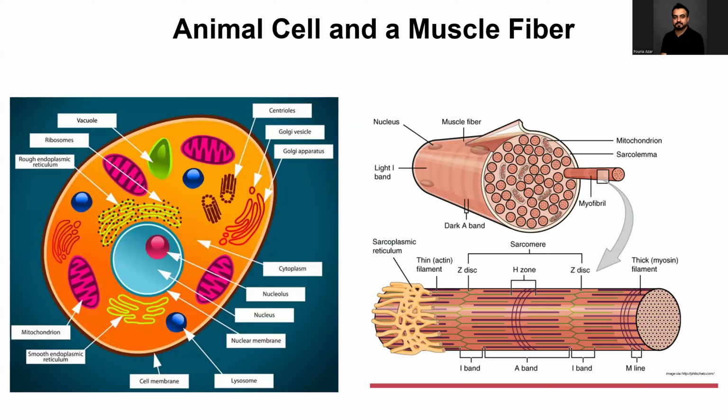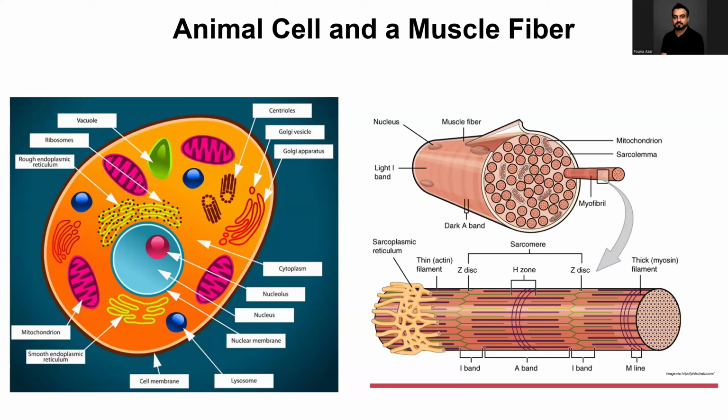On the right hand, we have a muscle cell or a muscle fiber. So when we say muscle fiber, it means a muscle cell. But because they are very long, they are called muscle fiber. And just like a regular cell, we have a nucleus, which has DNA inside.